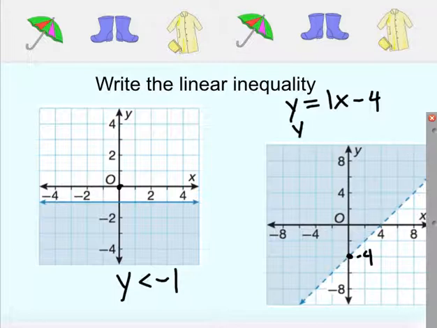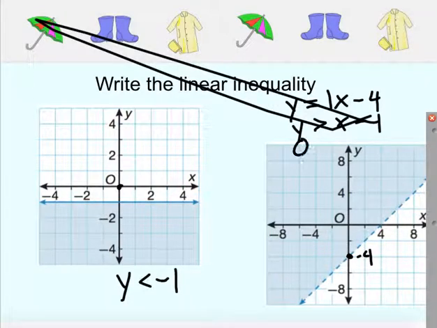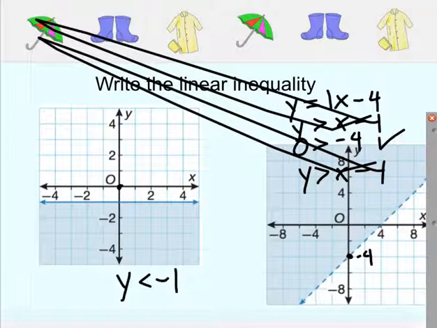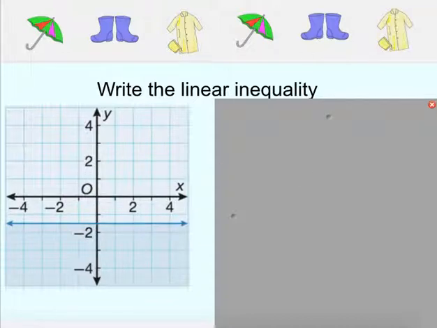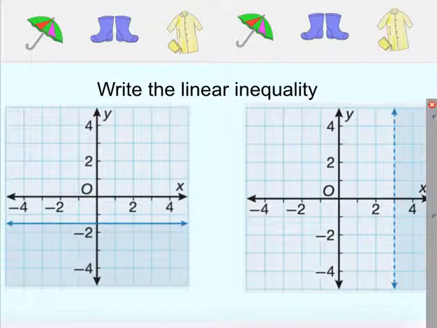Is it y is greater than x minus 4? Well, if we plug in 0, 0, we would have 0 is greater than -4, which is a true statement. So we have y is greater than 1x minus 4. So once again, if it's above, typically you can think about it as greater than, but you always are checking your work.